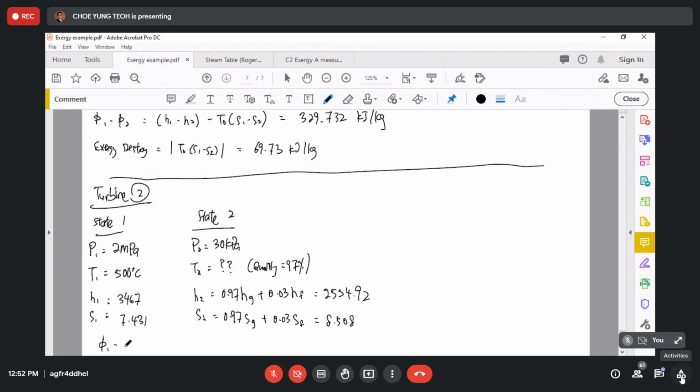Psi 1 minus psi 2. Sorry, psi, it's open flow.